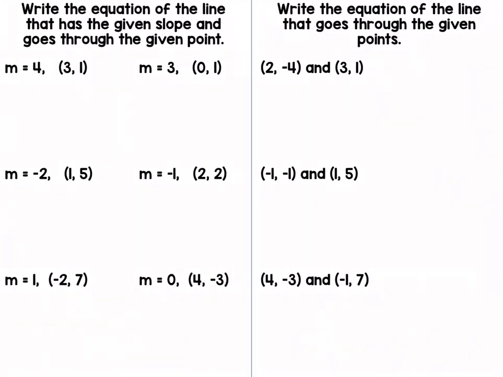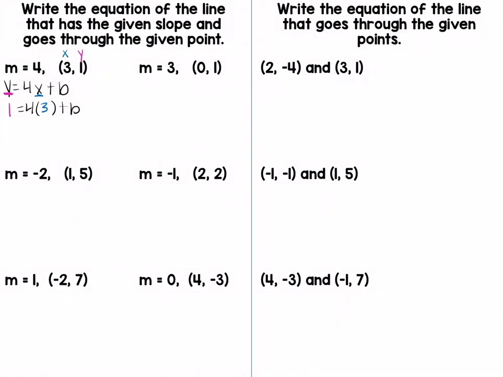So I'm going to start on this one right here. So m is 4 and it passes through 3, 1. So remember, y equals 4x plus b. Now this is your x value and this is your y value. So you're going to plug in your x value and your y value. When we do that, we have 1 is equal to 4 times 3 plus b.